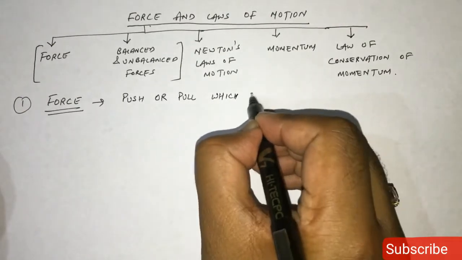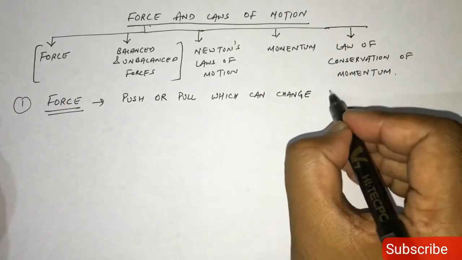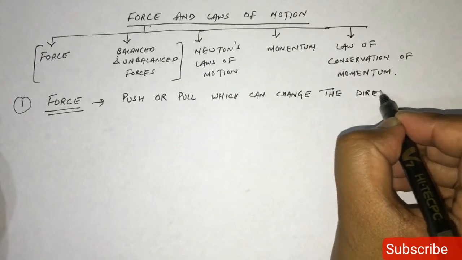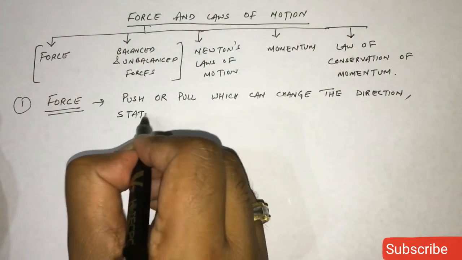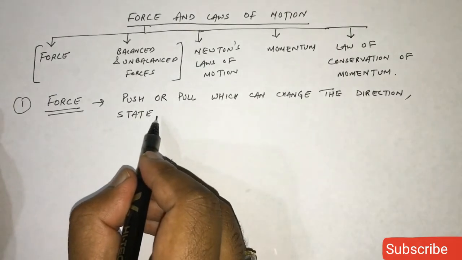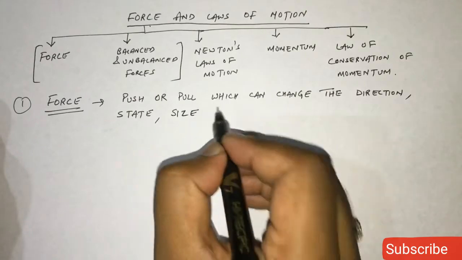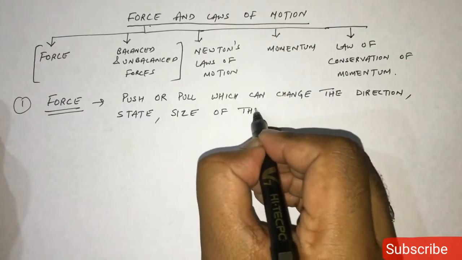which can change the direction, state of rest or state of motion, size of the object.